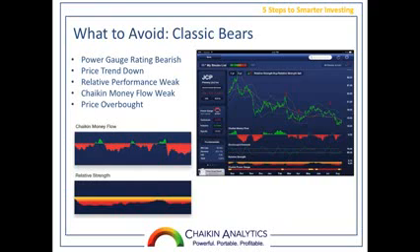And the reason this is a classic bear is because all of the factors that we were looking at to confirm a bullish stock have been turned on their heads, and they're now red instead of green. So I talked about the fact that this is a product that appeals to both right brain and left brain investors.